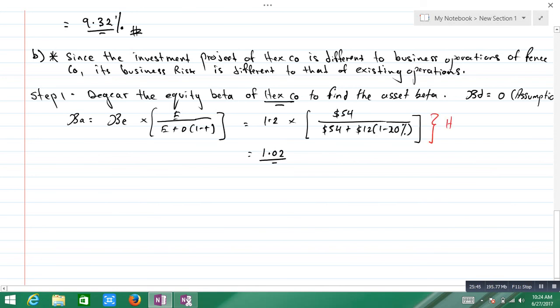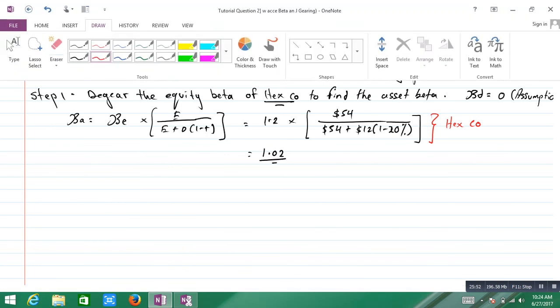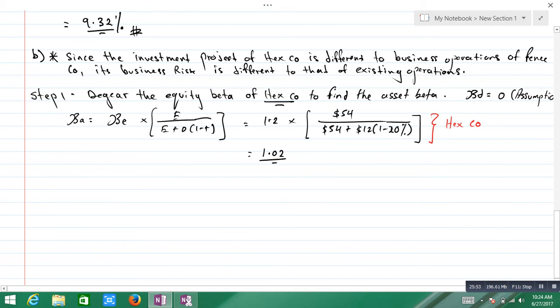In other words, re-gear the asset beta of Exco to find the equity beta of Fansco. Now, so we're going to rejoin back over here. So it's going to be, we're going to find the equity beta.